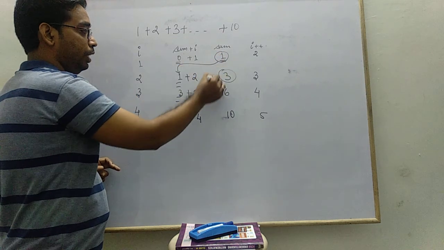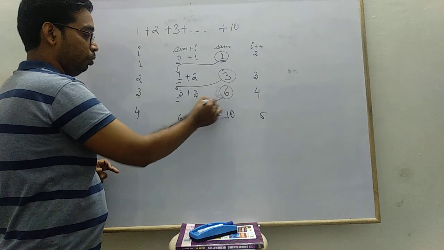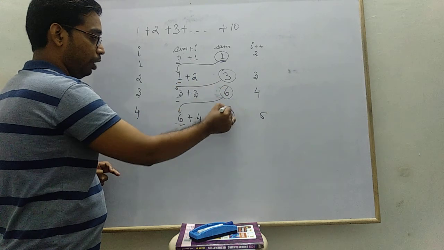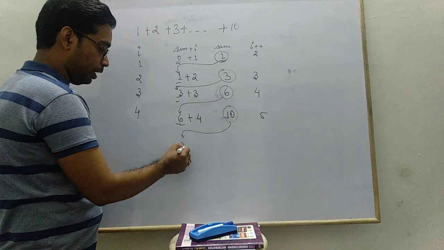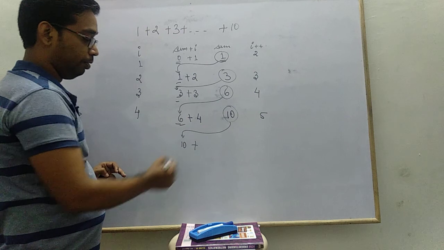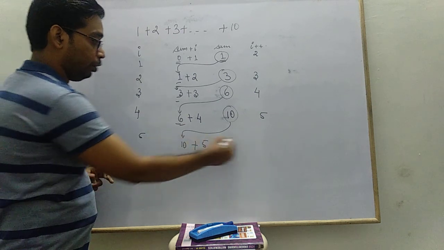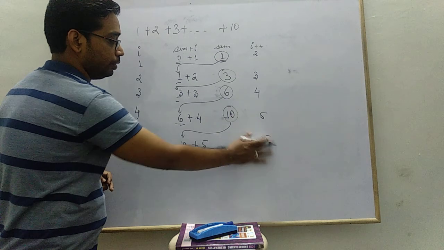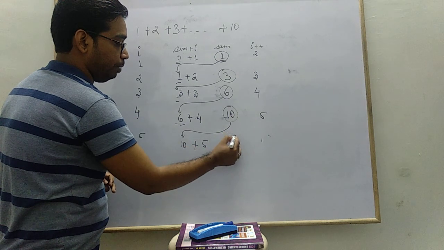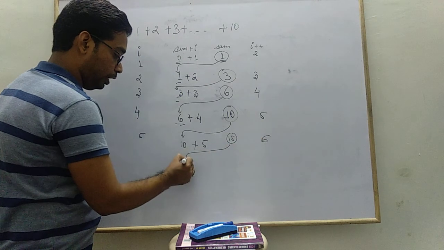The value of sum is 3, it goes to the next line; the value of sum is 6, it goes to the next line. Similarly, sum is 10 and the value of I is 5. What did you get? 15. So sorry, this one is 15, and this one goes to the next step.